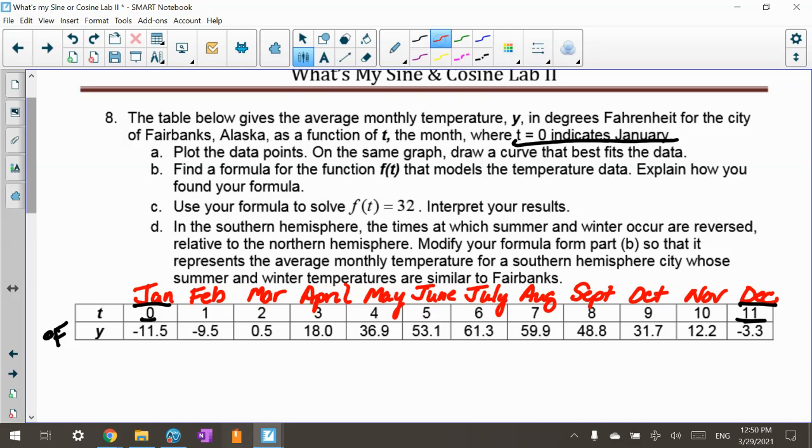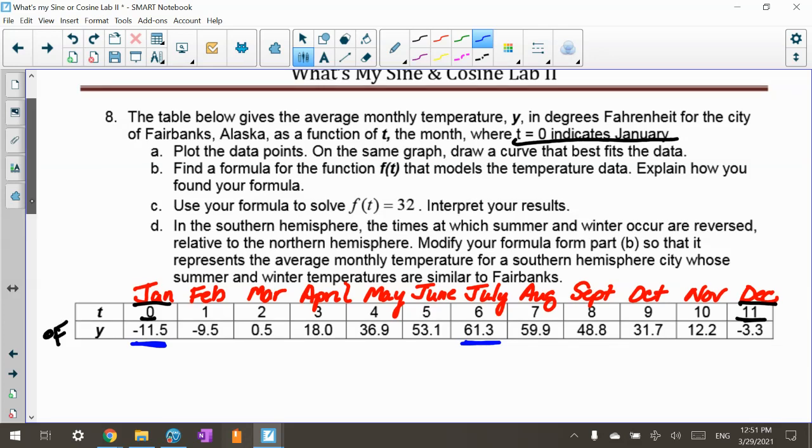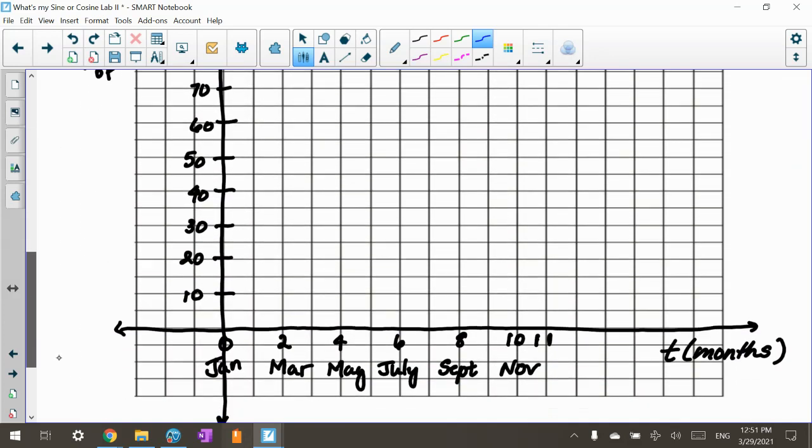So the first thing we're going to do is plot all our points. I set this up by looking at my high and low temperatures: my lowest temperature is negative 11.5, and my highest comes all the way up to 61.3. Below, I counted the squares.